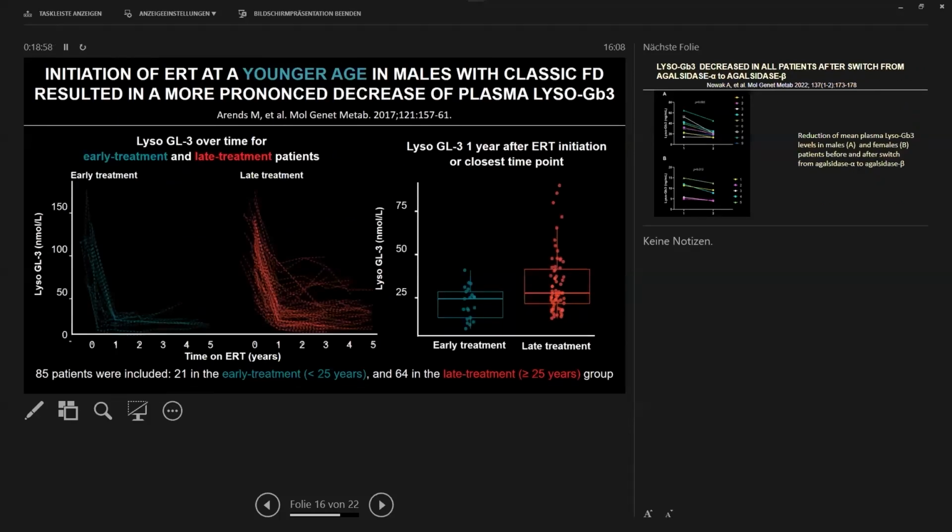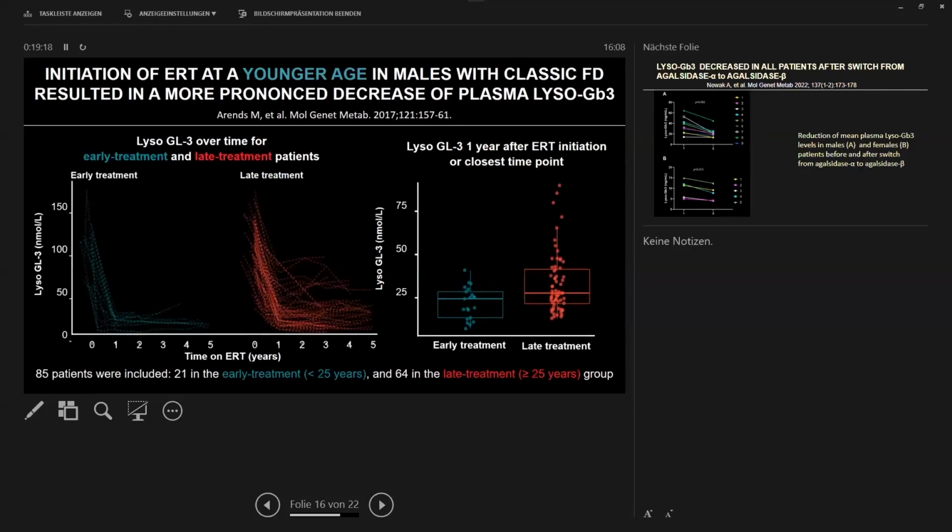And here we can see that Lyso-GB3 decreases more profoundly in the patients when we start with enzyme replacement therapy earlier. In this study, the patients were divided into 2 groups.